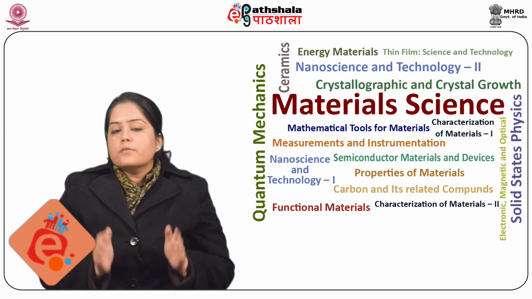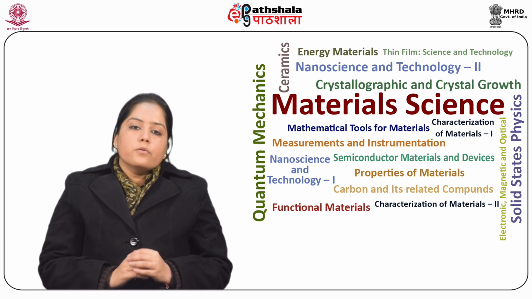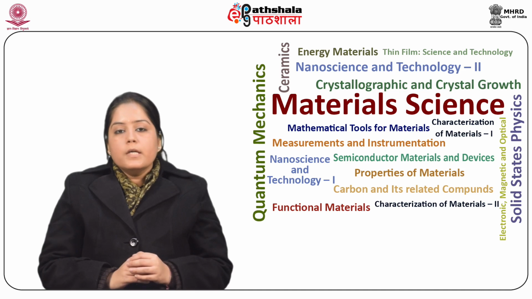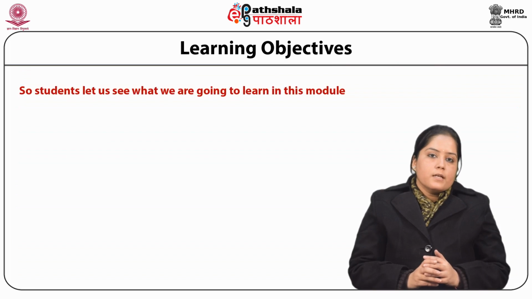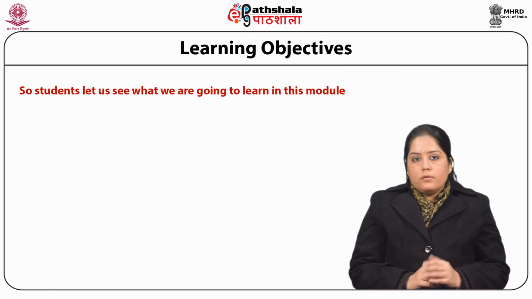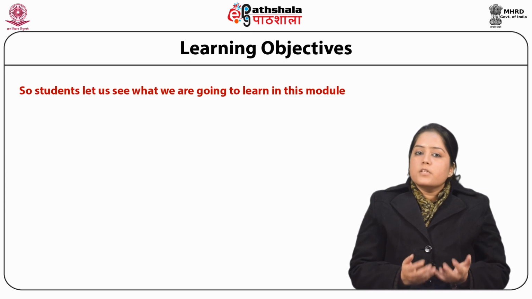Today we are going to discuss the module Overview of Nuclear Reactor System from the paper Energy Related Materials. So students, let us see what we are going to learn in this module. First, from this module, students may get to know about the following things.